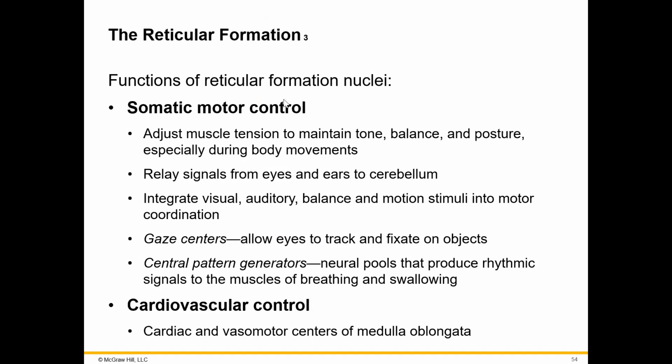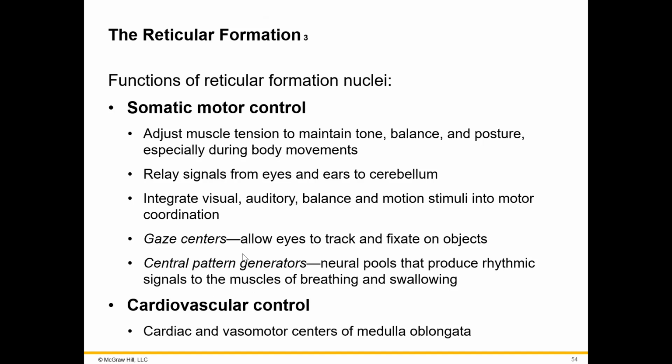Number 1, it's important for somatic motor control, where they adjust the muscle tension to maintain the tone, the balance, and the posture, especially during body movement. There's cardiovascular control.